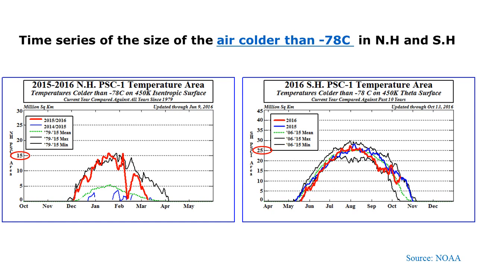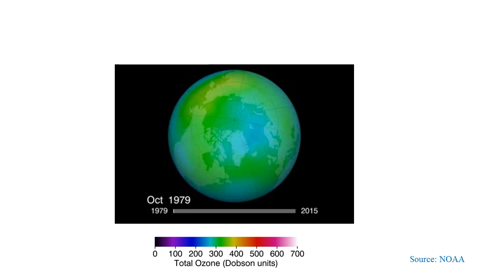But we should ask, will a new ozone hole occur in the Arctic in the future? Here is the Arctic ozone hole changes from 1979 to 2050. Unfortunately, we can see that the ozone hole in the Arctic is getting larger.